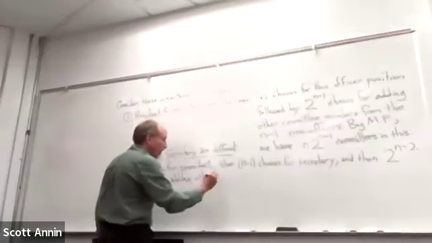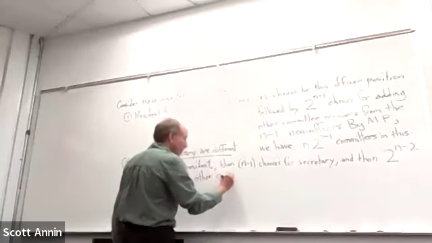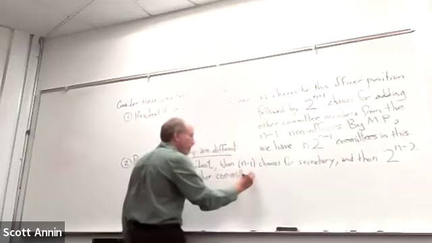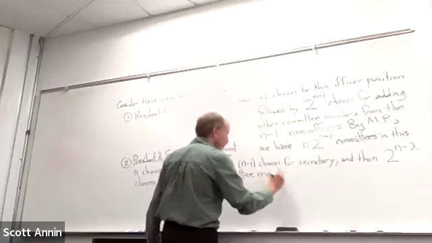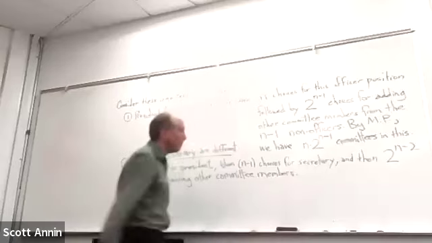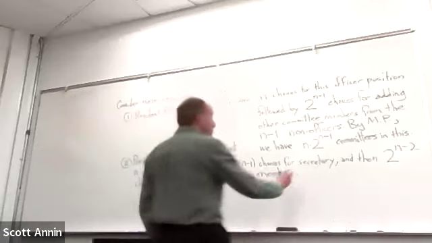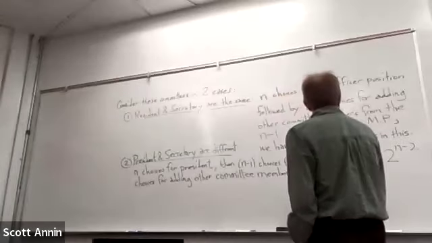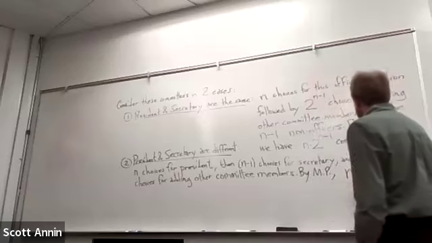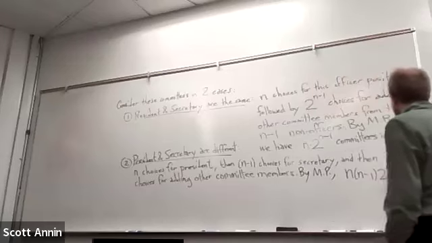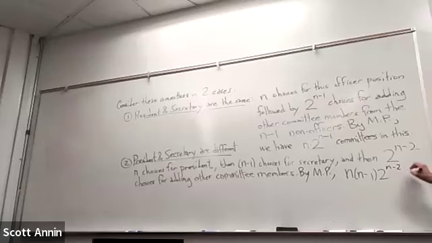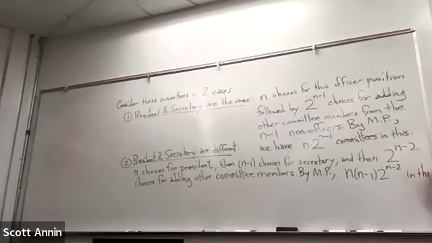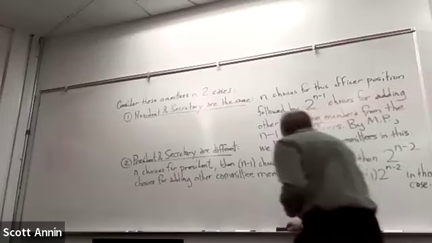I'm not going to write the whole thing out again, because this is kind of a ditto of the first part. Okay, and so by the MP again, we have n times n-1 times 2 to the power of n-2 in this case. And now I've got to add those together.